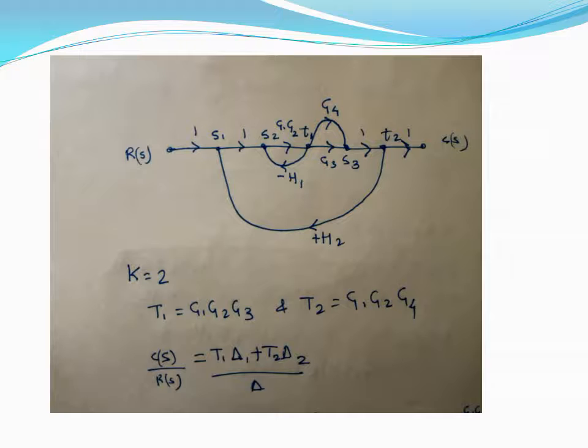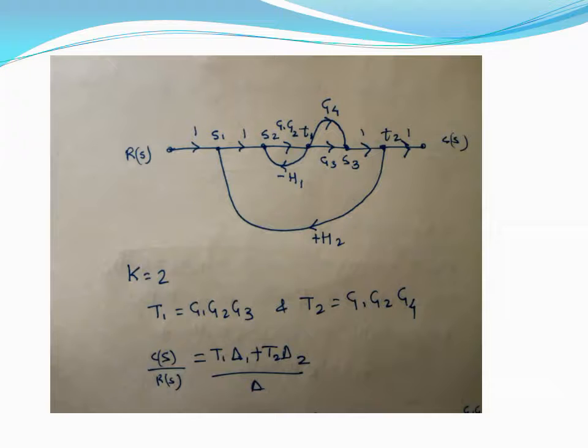With two forward paths, k equal to 2, Mason's gain formula will be T1 delta 1 plus T2 delta 2 divided by delta. In this formula we know T1 and T2, and we need to find delta, delta 1 and delta 2. Before that, we need to find the number of loops.